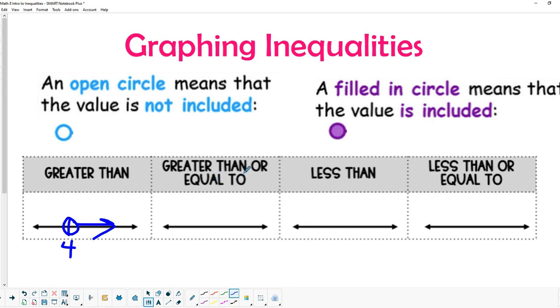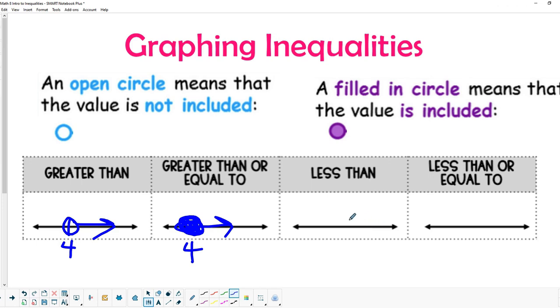If we wanted to say greater than or equal to 4, or any other number, I'm just using 4 as an example, then we would color in the circle at 4 and then do our arrow pointing to the right. So a little distinction between greater than or equal to. One of them you don't color in the circle, the other one you do.